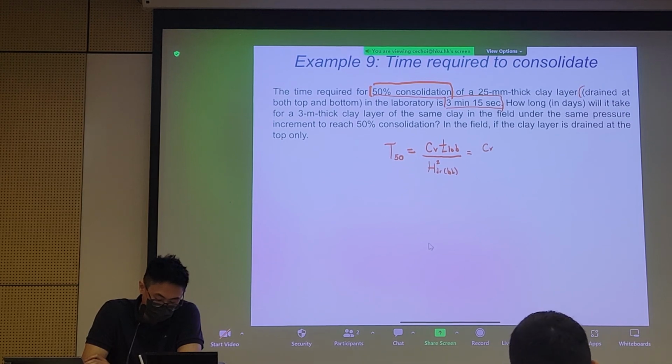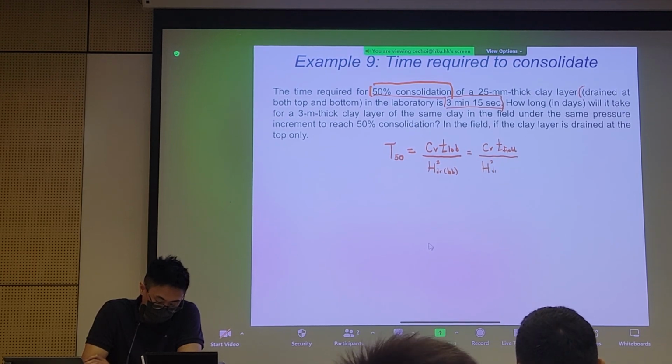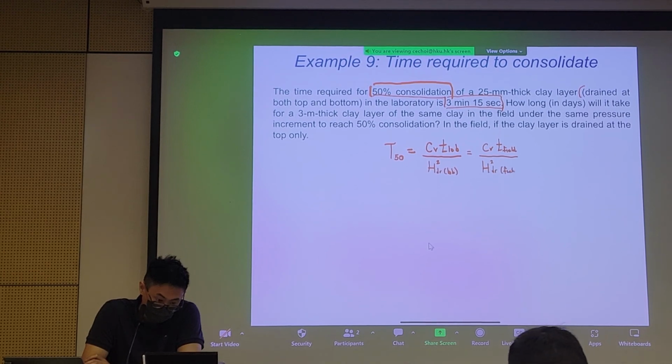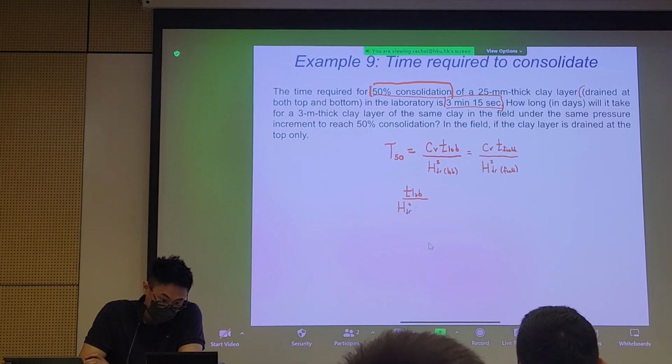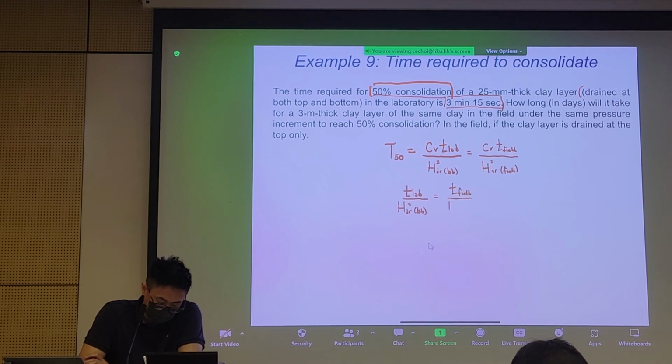We know that the time factor is constant. So if we rearrange the problem to make these equivalent, then we know that T lab over H drainage layer lab is equal to T field over H drainage layer field.